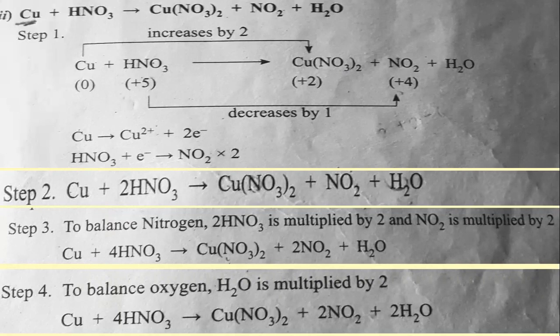So now this Cu, that is copper with 4 HNO3, that leads to give Cu(NO3)2 plus 2 NO2 plus 2 H2O, okay. So what we did is that we have multiplied this H2O by 2, so that both the side hydrogen also gets balanced. So like this we have to go step by step.